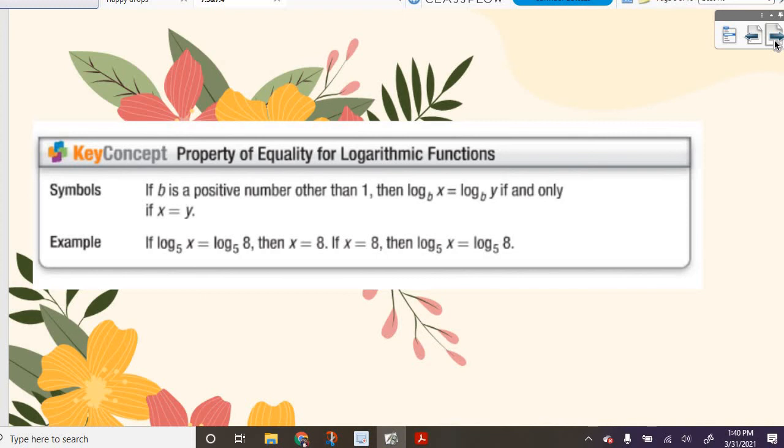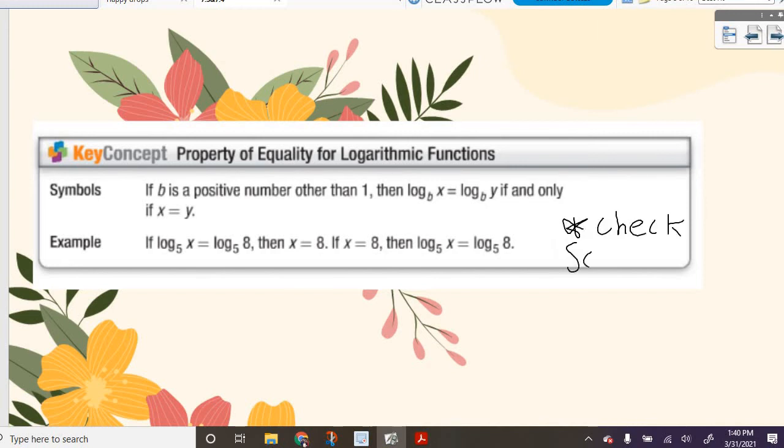So in the example that they give, we have log base 5 of x equals log base 5 of 8. Since both of my logarithms have a base of 5, we can just set our insides equal to each other, and we get 8. However, it is going to be very important, again, that we check our solutions.